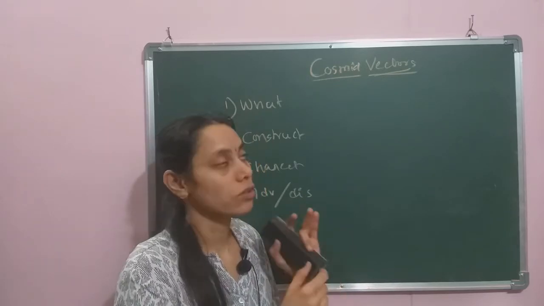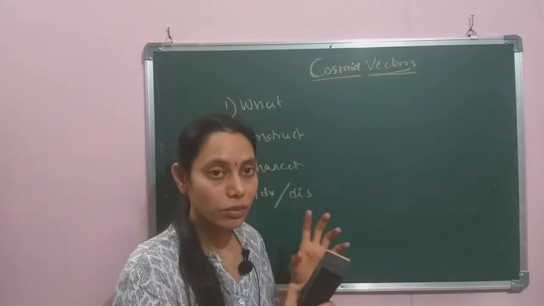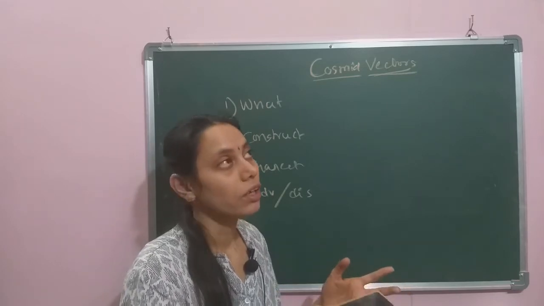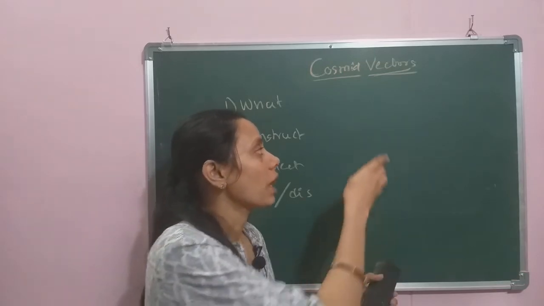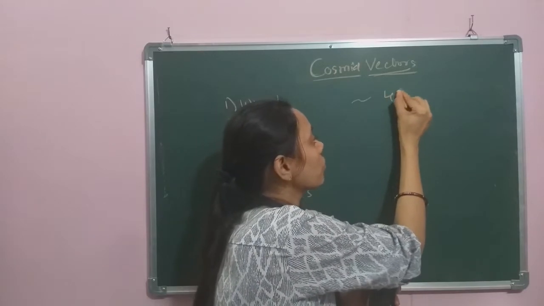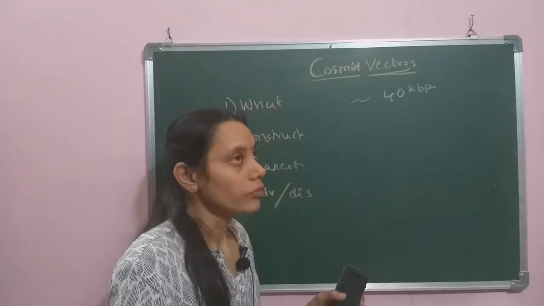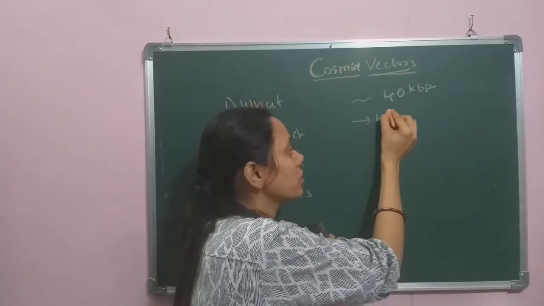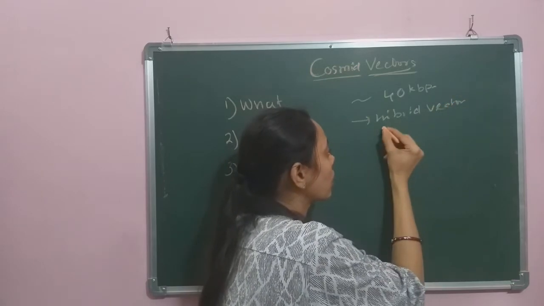Cosmid vectors are much higher in terms of carrying capacity than plasmid vectors and lambda phage vectors. The carrying capacity of cosmid vectors is up to more or less 40 kilobase pairs. These cosmid vectors are basically hybrid, derived vectors.